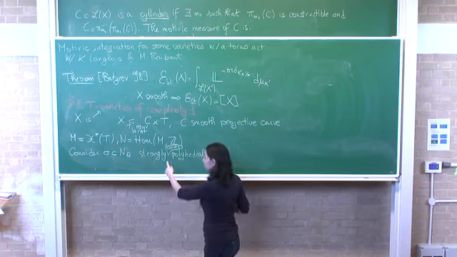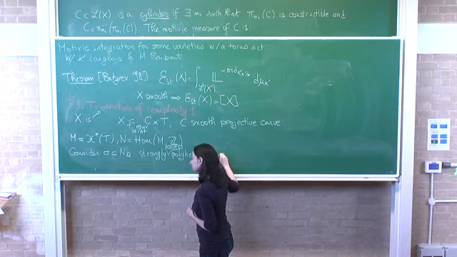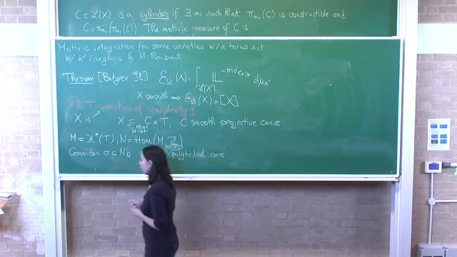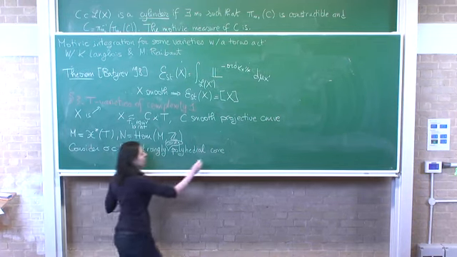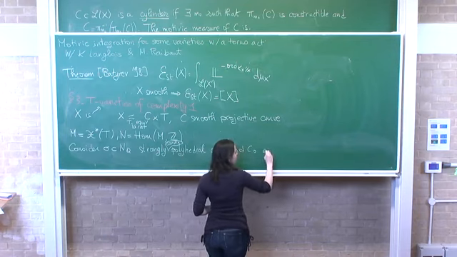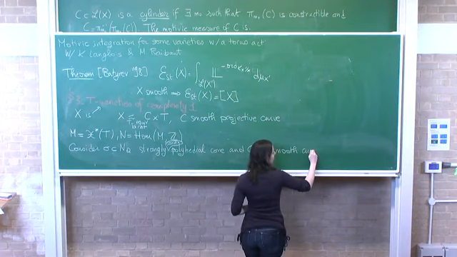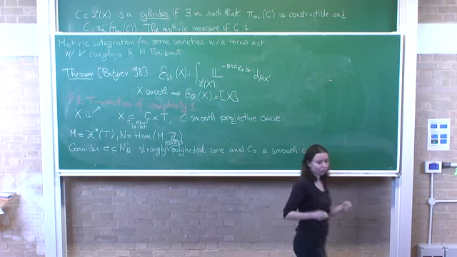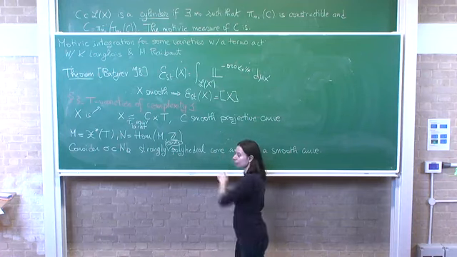So that means that 0 is a face. And I will consider also C0, a smooth curve. So for later use, C0 will be a subset of the C here.